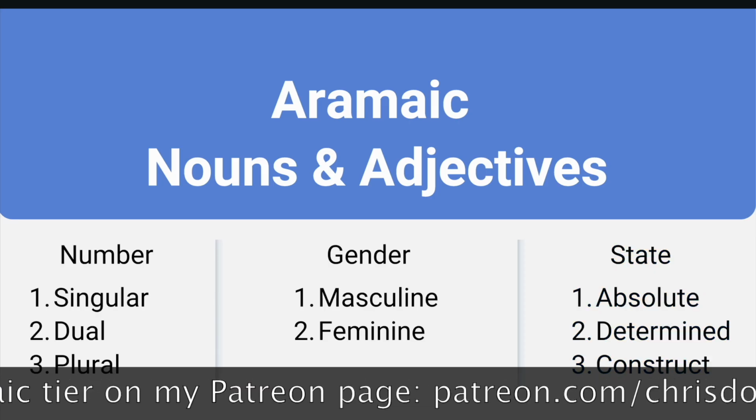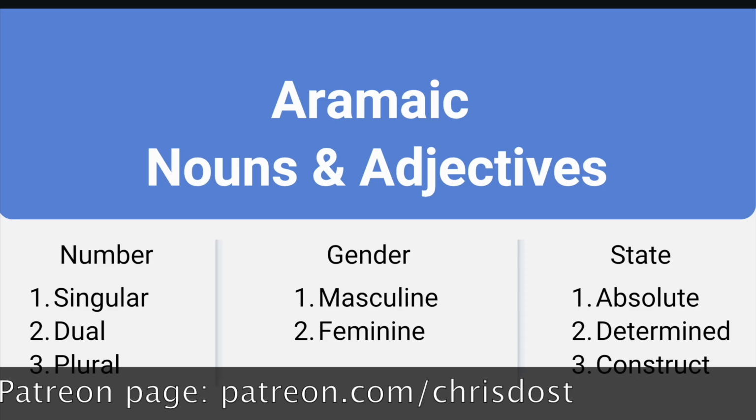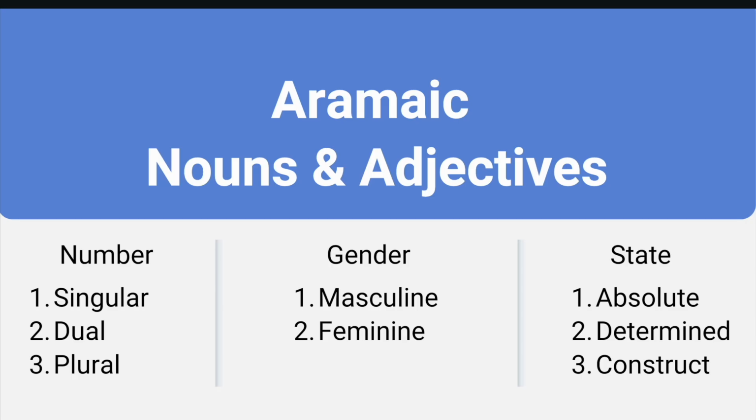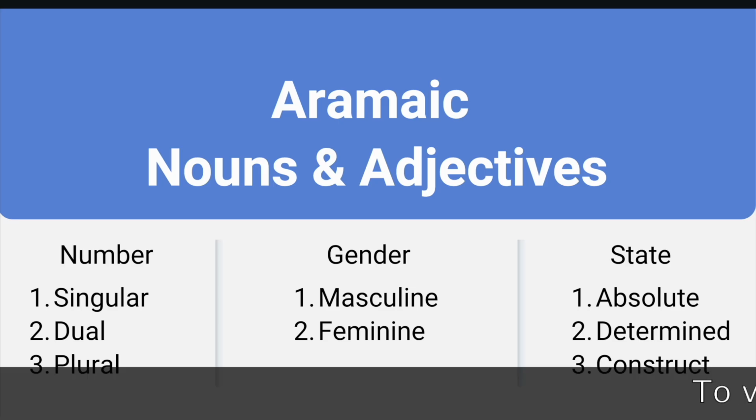So we've had a couple of videos already in which we've looked at masculine and feminine singular absolute nouns and adjectives. Now we're continuing our discussion to the determined forms or the emphatic forms, or what we might loosely and somewhat incorrectly say, the forms that have the definite article attached to them.